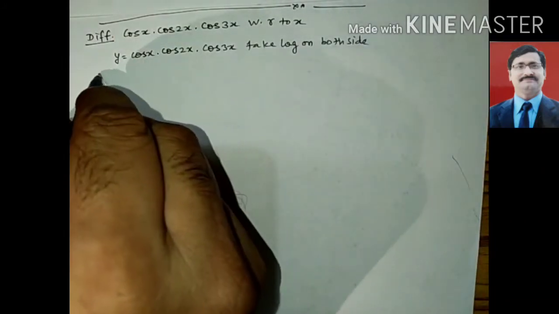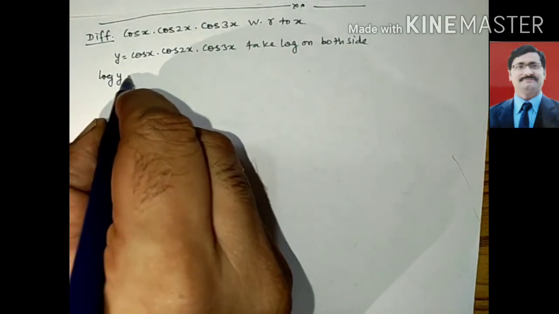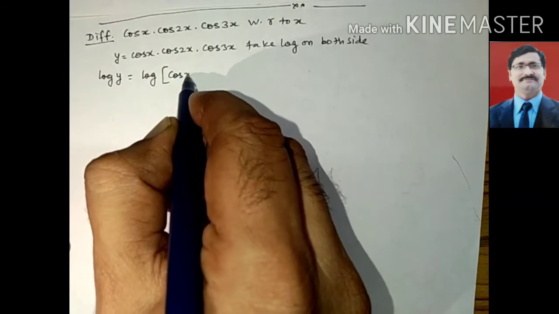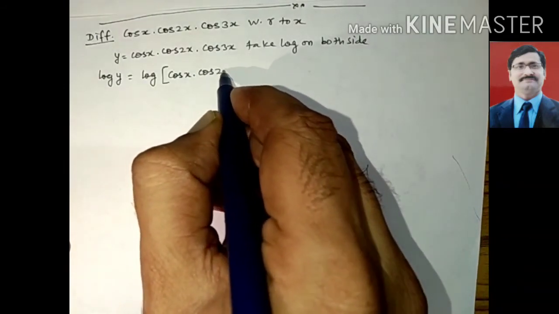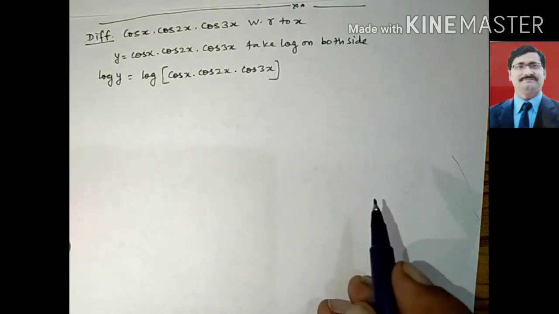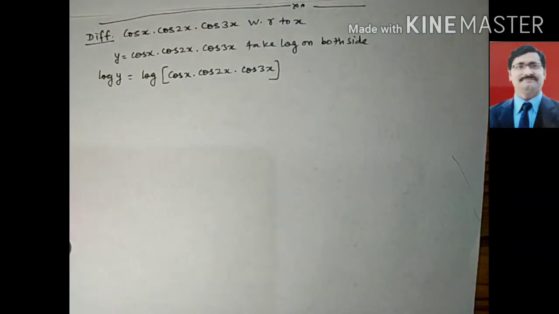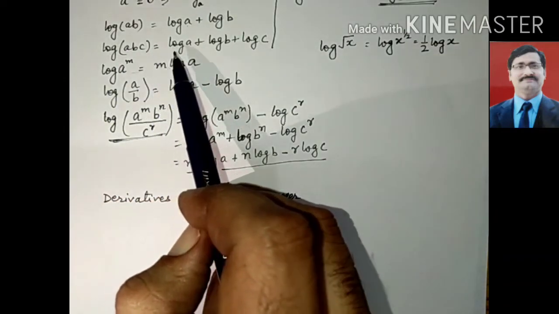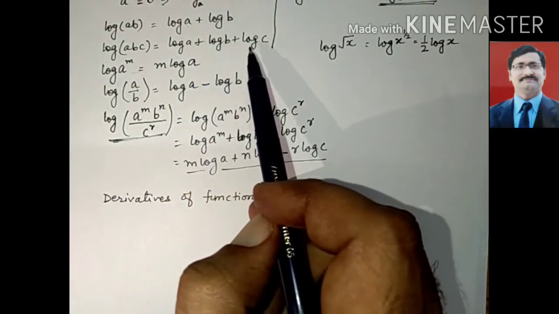What we get, look here, log y equal to log of cos x into cos 2x into cos 3x. Now we know the property of the logarithm, that log of a into b into c equals log a plus log b plus log c.